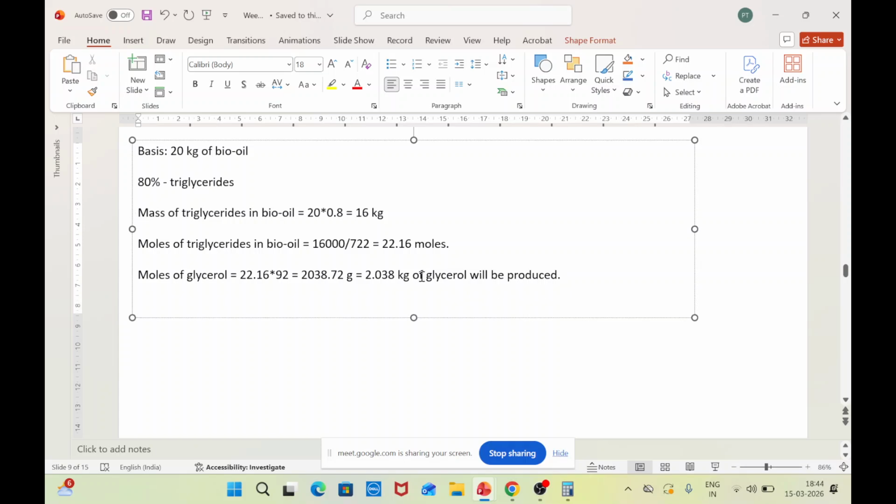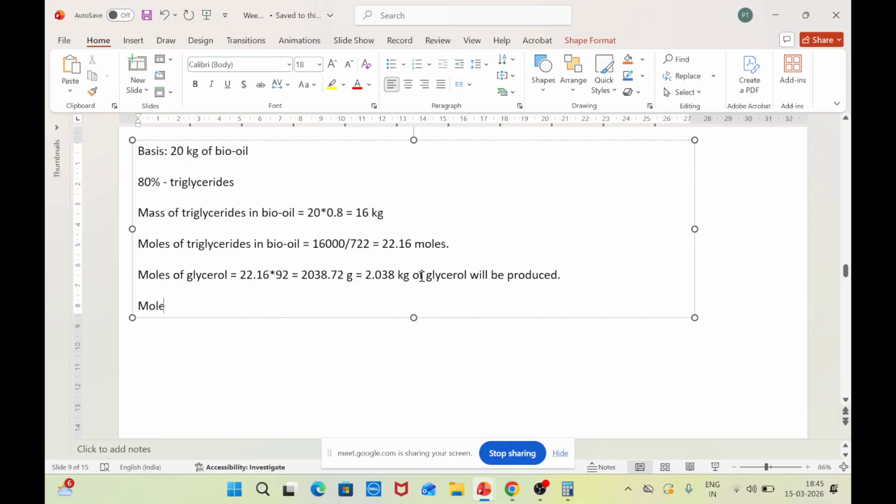Once that is done, now we need to calculate how much soap is going to be formed, right? So it is given that 10 percent of the palmitic acid is going to be converted into soap.